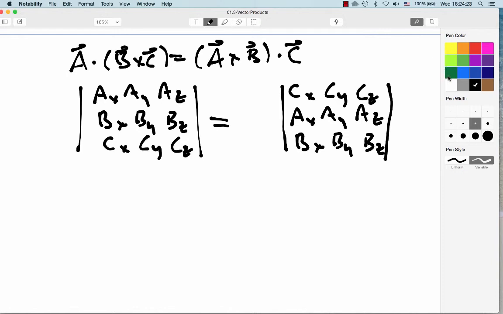You remember that when you're taking the determinant, if you swap two rows, so let's say I swap the third and the second row here so that I'll temporarily have the C's in the middle and the B's at the bottom, that would be the negative of that. So that first one's going to give me a negative. And so I'll put some parentheses around it because we'll need to think about the next step.